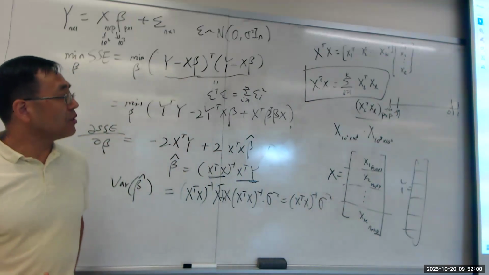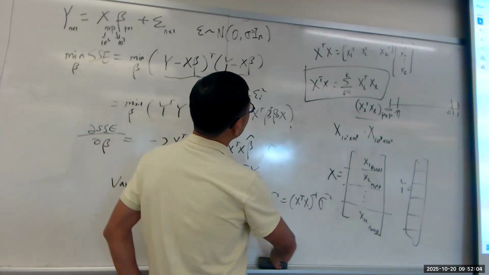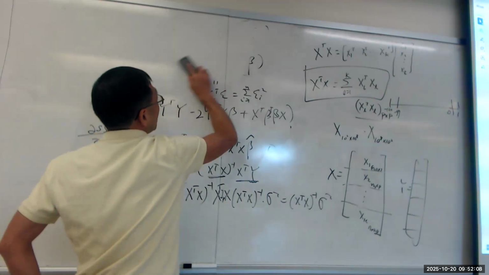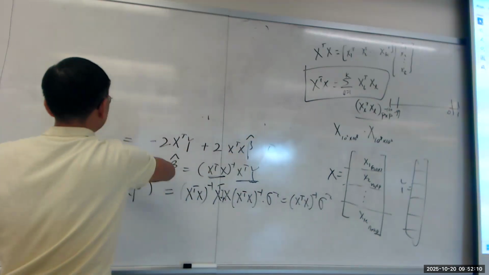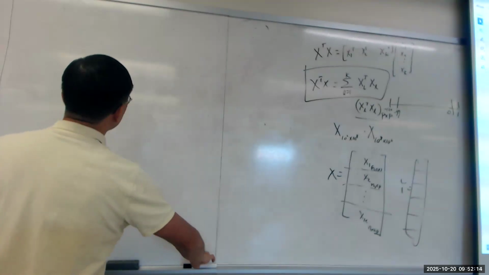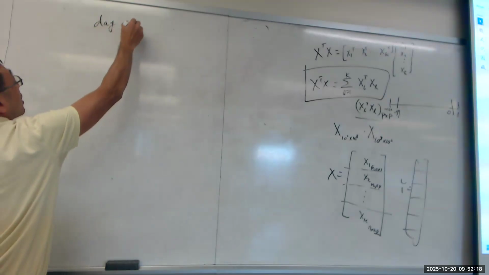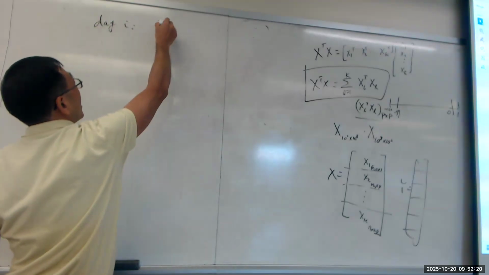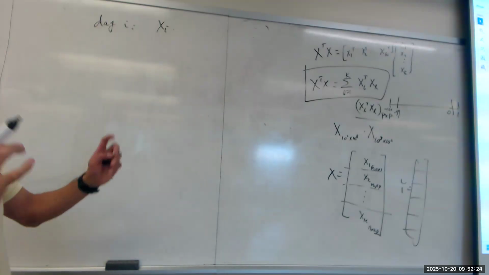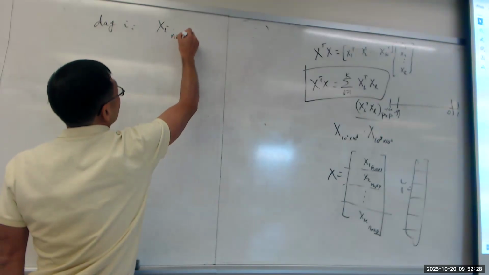Then you can simply store X transpose X. For day i, you have data Xi, which is a large matrix of dimension ni by p.